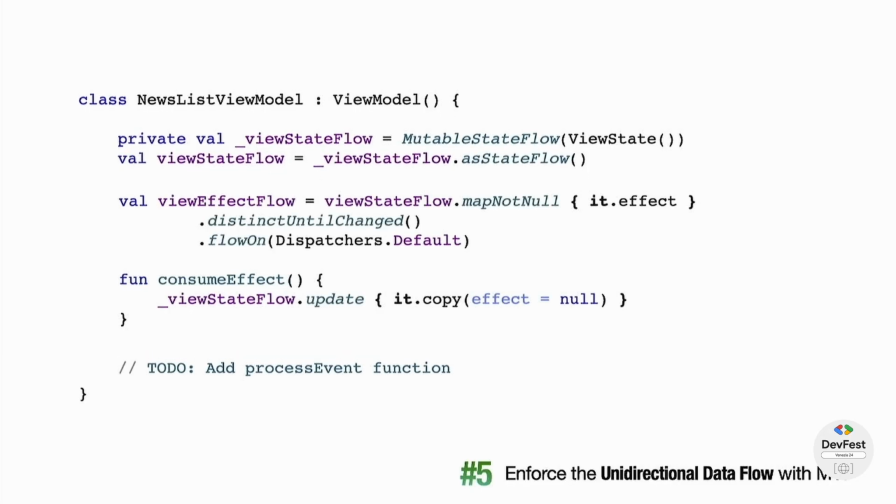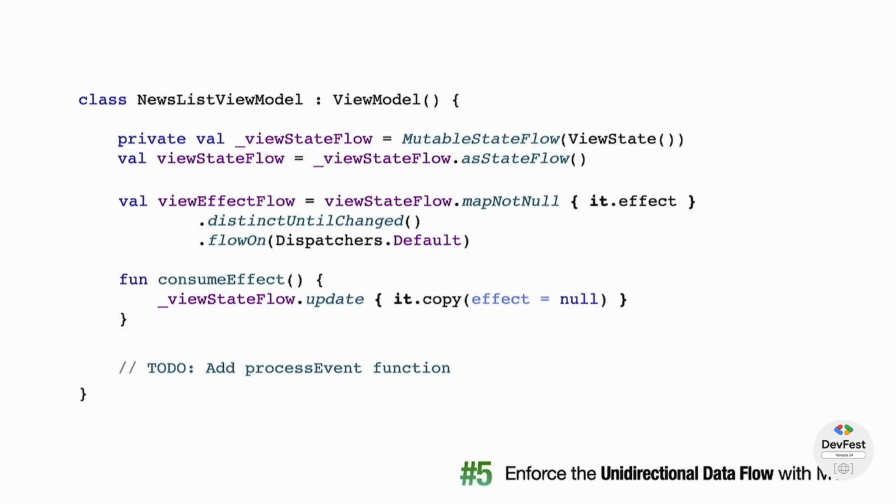Second one, we will expose a view effect flow. As I told you before, the approach proposed by Google is to have the effect inside of the state class. So this is what I'm having here, but I'm exposing the effect as a separate flow by using the flow operators. Essentially, I'm taking the view state flow right here, and every time the state flow is updated, I will map it, and I'm only interested in the effect property.